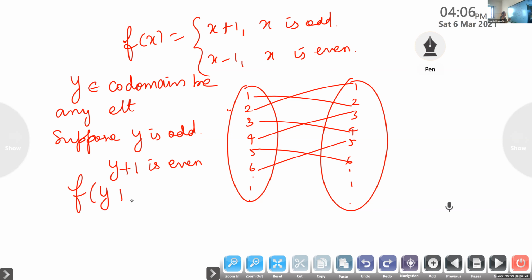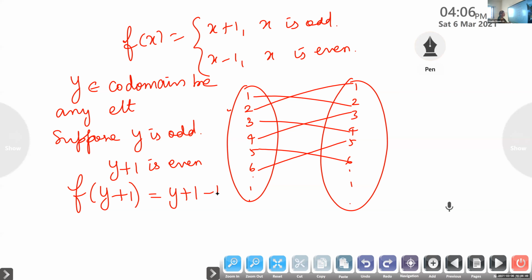Find out based on the function. For an even number, how is it defined? F of x is x minus 1 if x is even.